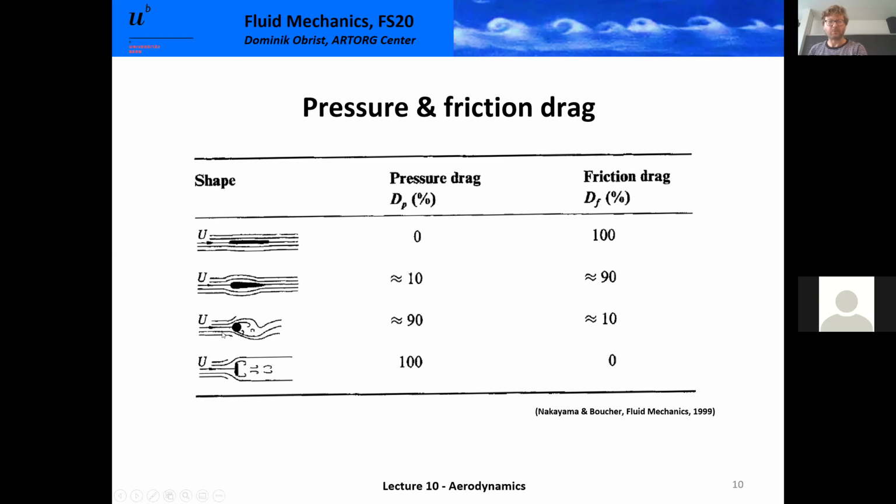And as soon as we go to a more cylindrical object, where the wake is not controlled and we create a larger wake, the pressure drag goes up and the contribution of the friction drag goes down.